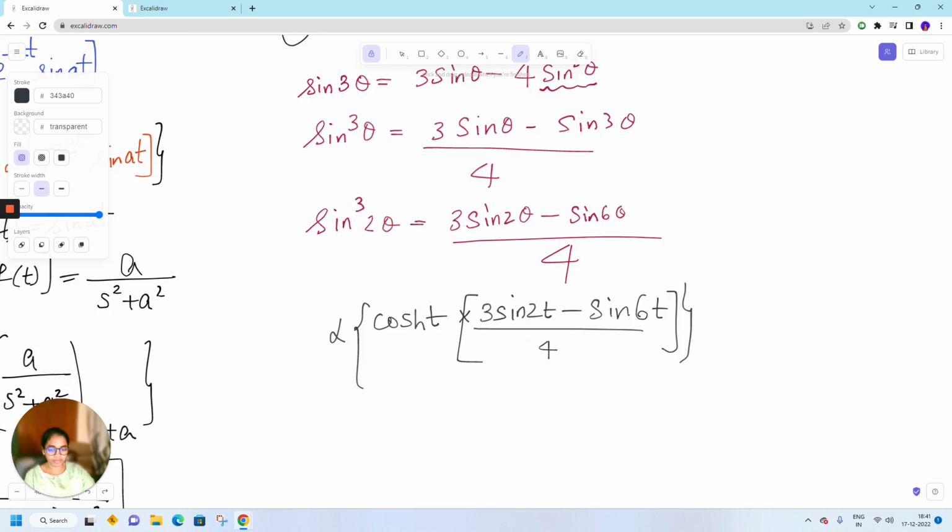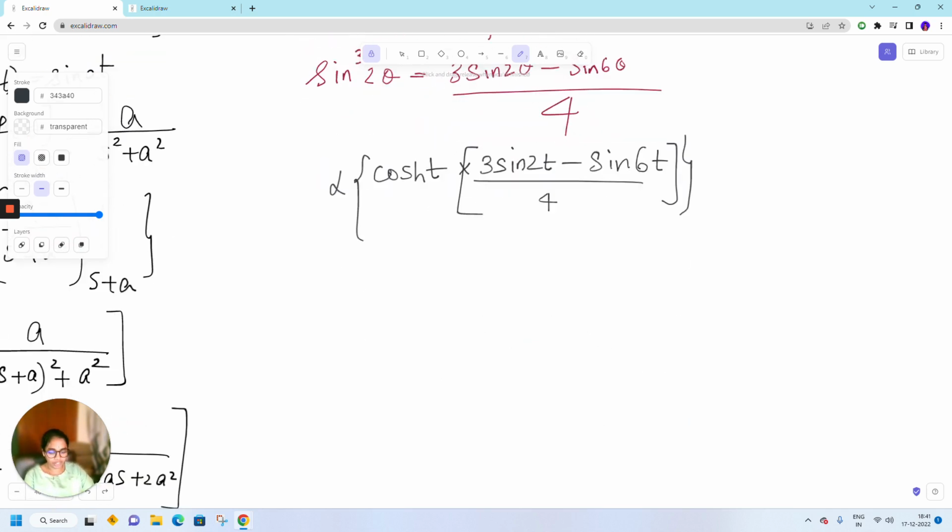Now what else do we have? From the first video, as I told, sine hyperbolic t is e power at minus e power minus at divided by 2. Similarly, the cos hyperbolic t formula is e power at plus e power minus at divided by 2.